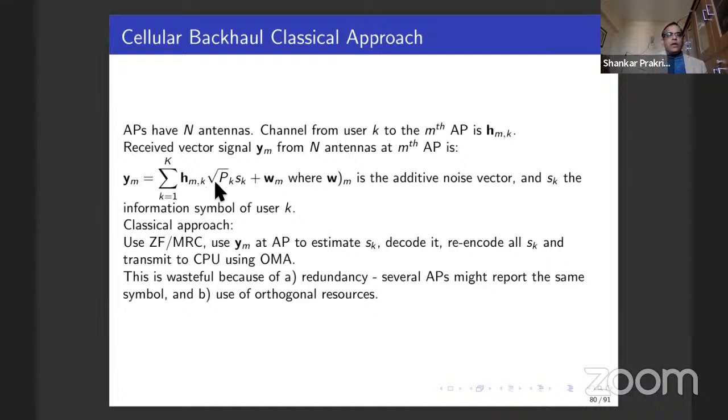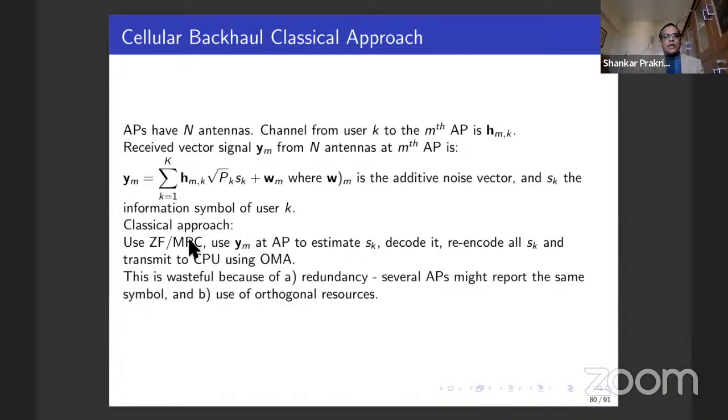Also, many different access points may decode the symbol of one user. Maybe one user is in between two access points, and both of them may succeed in decoding, and they are going to transmit the same information multiple times from the access point to the central processing unit. So this is very, very wasteful.